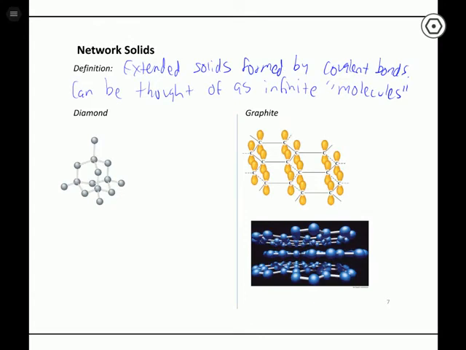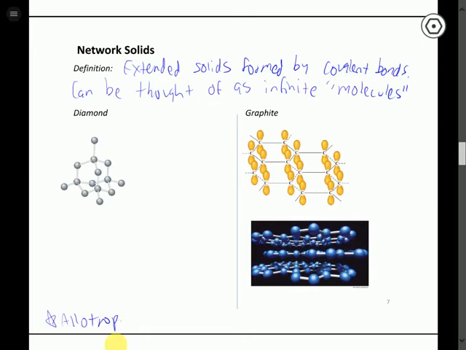And then carbon forms two different types of structures. These are called allotropes. I'll define that down here. I don't think we're going to use this word on the test or even in the book, but it's two forms of the same element. In the case of carbon, there are two forms that exist. You're probably familiar with both of them.